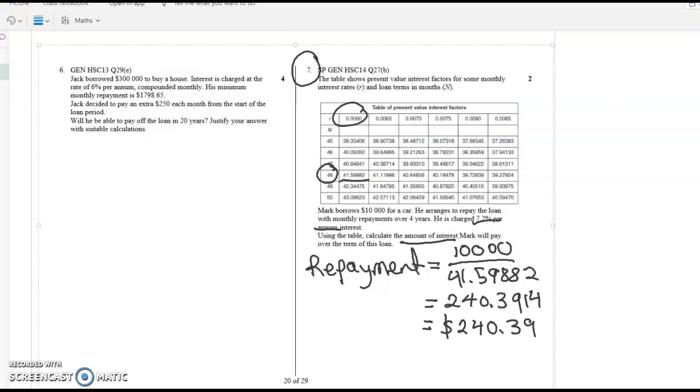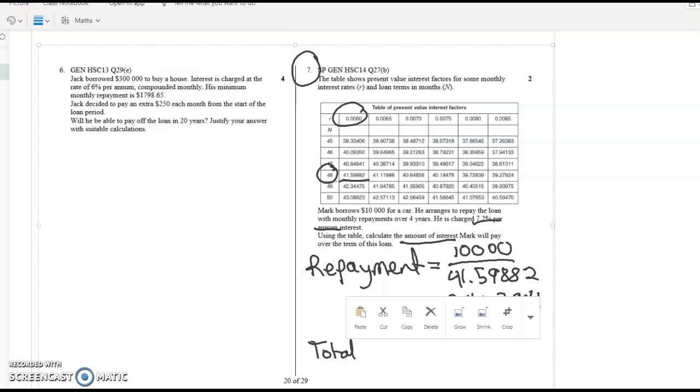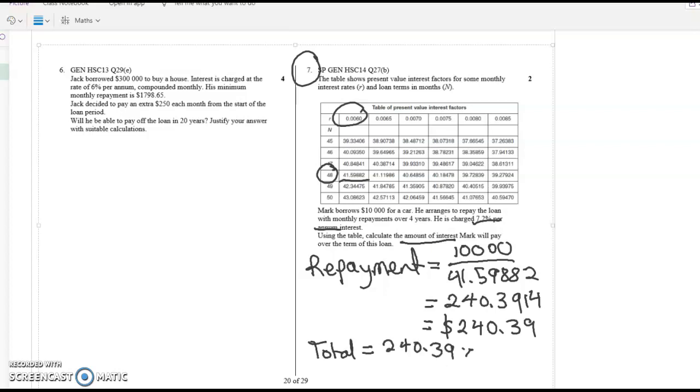So the total paid is going to be $240.39 times by how many times we did it, 48. So a grand total of $11,538.72.